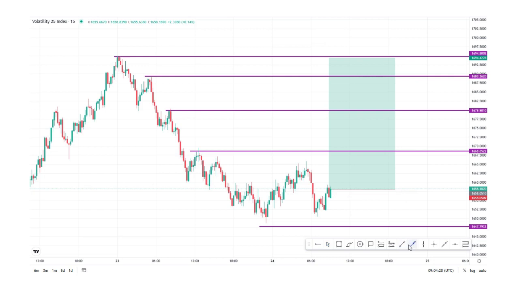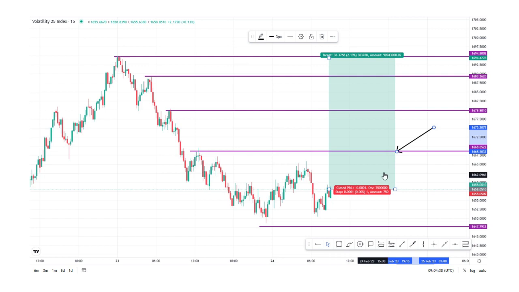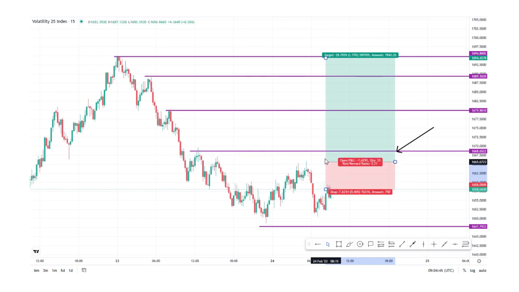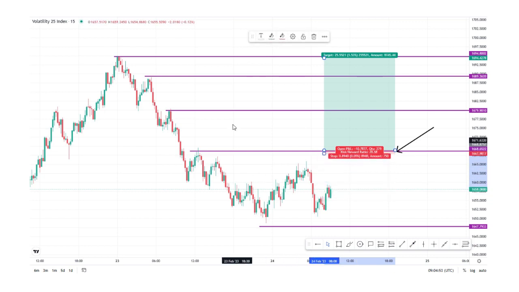So at this point my stop loss should be at break even. Then I could have taken profit of 2 trades or 2 entries or 1, depending on the price movement. Then as the price pushes to my TP2, my stop loss will now come up to TP1. So that's exact.